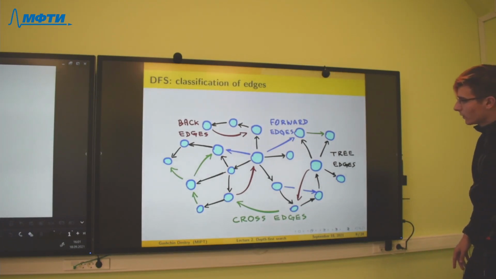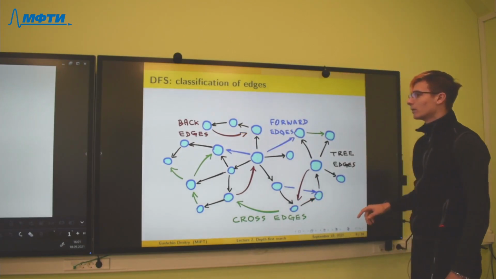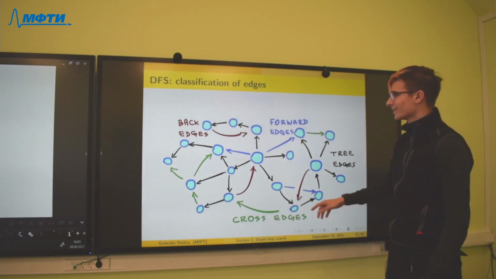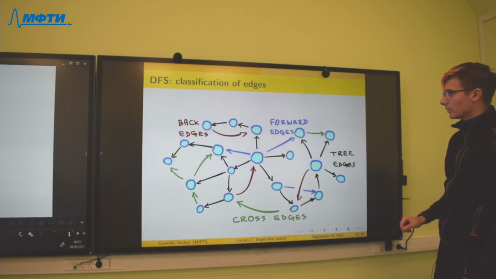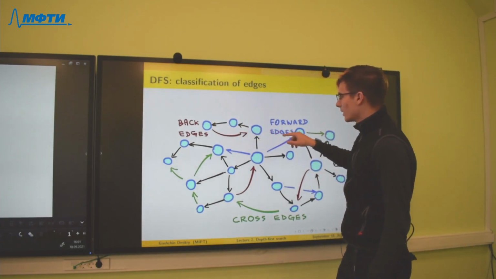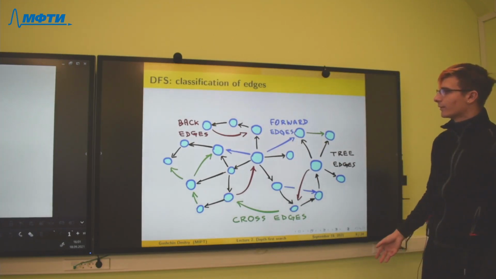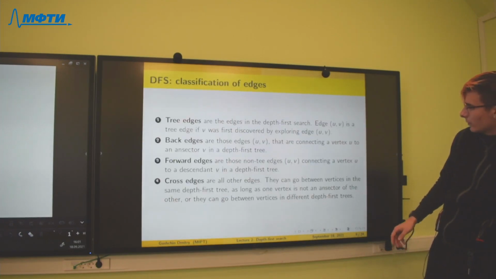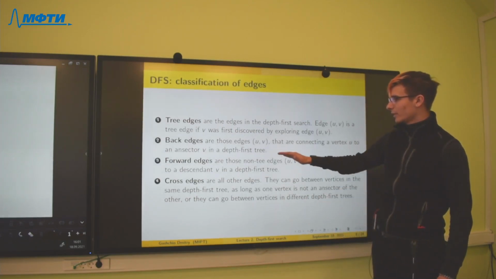For example, red edges are named back edges, which have a start point in the vertex A and an endpoint in a vertex that is an ancestor of vertex A. And the formal definition is here.